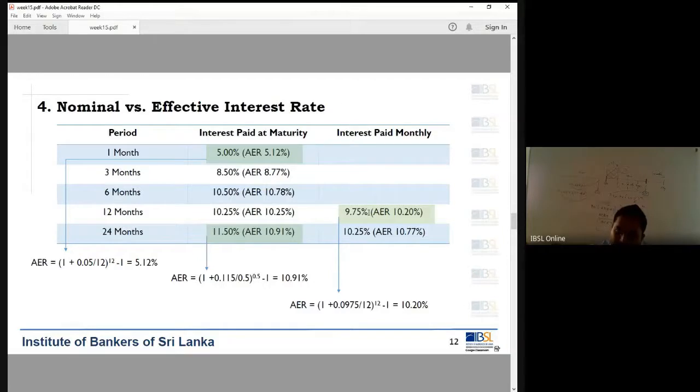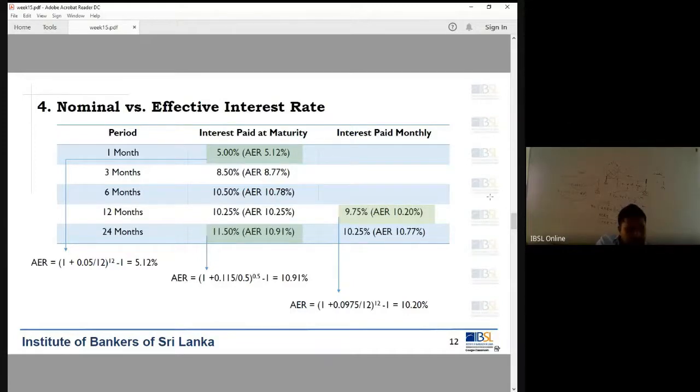And broadly, we are looking at two different options. Option on the middle is where you're going to get interest on maturity, and the right hand side, interest paid on monthly. Now that's a good example of this compounding we discussed a moment ago. That is, you're going to get some intermediate cash flows.